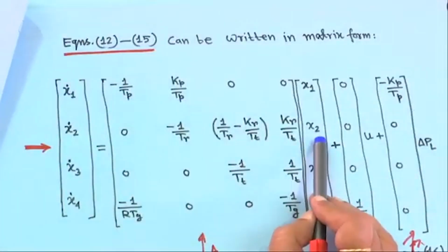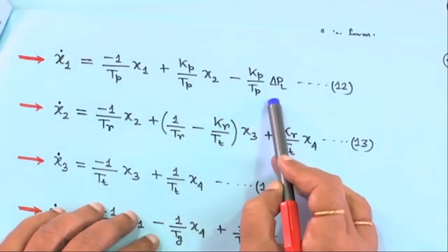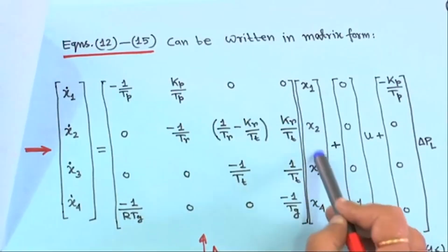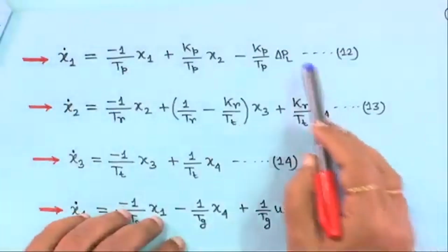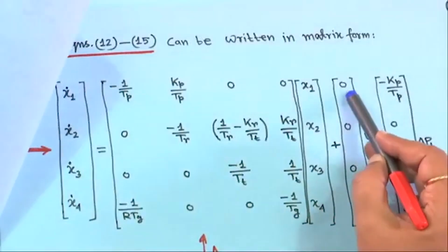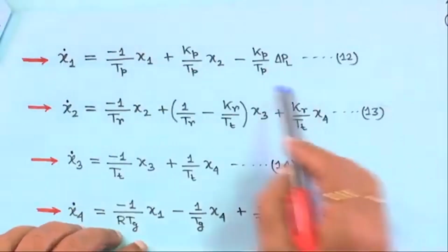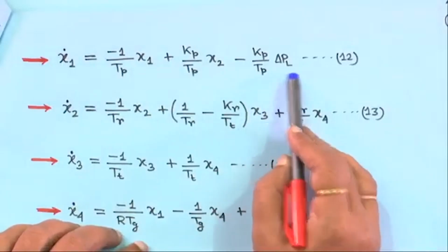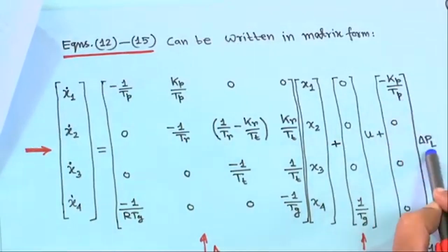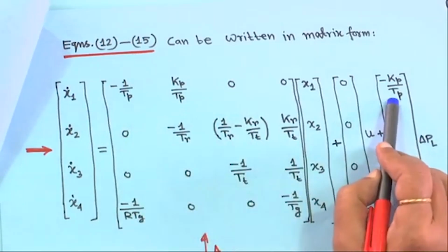No x3, x4 terms are involved in this equation, so their coefficients are 0, and no u term is involved, so that is 0. Then the disturbance term is there: minus Kp upon Tp into delta PL is here in the very first row.